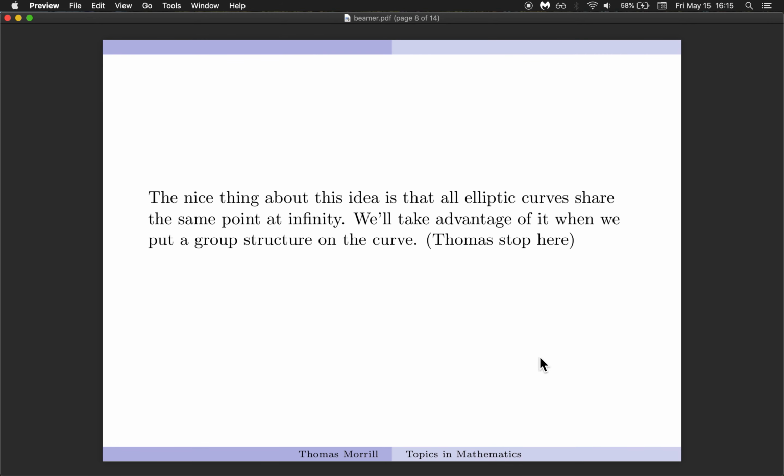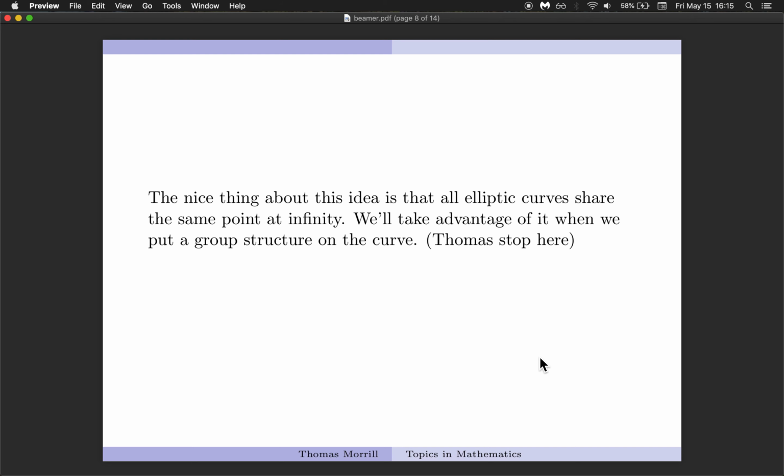Now, this is a really important idea. It's also a lot to chew on, so you might want to rewatch this video and play around with the graph yourself. I highly encourage playing around with these things. The very nice thing about the point at infinity, well, it makes the geometry nice in certain respects. We'll see this in Tuesday's lecture.